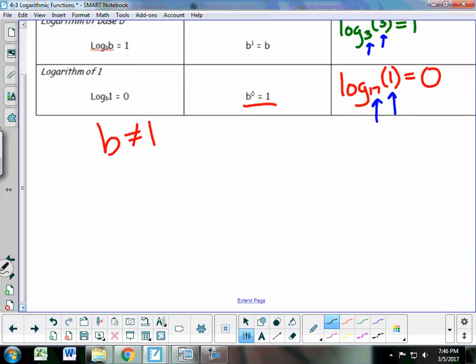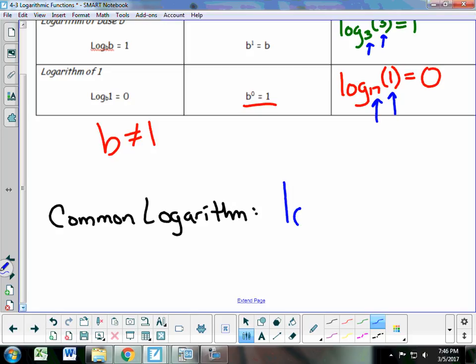Common logarithm. So the common logarithm looks like this. Log of x. It's kind of weird. It looks at first like it doesn't have a base. We don't write the base in, but it does have a base. This is just to save us some time.